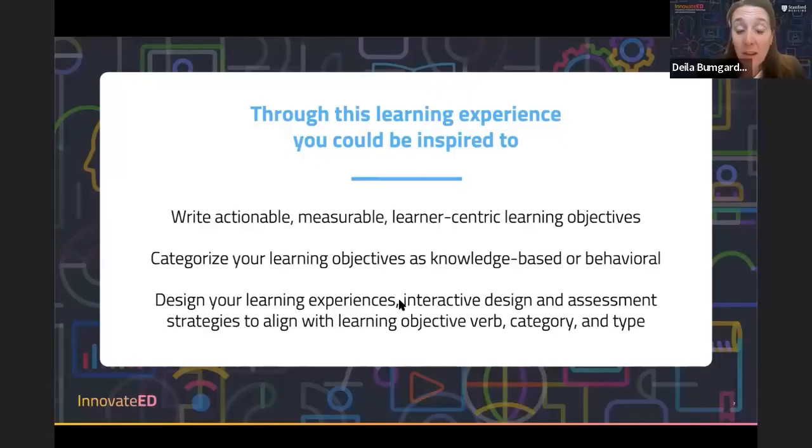We're also going to cover how to categorize your learning objectives as knowledge-based or behavioral, and how to design learning experiences and interactive design and the assessments that align with the learning objective verb, category, and type.